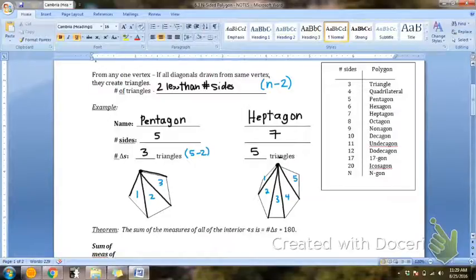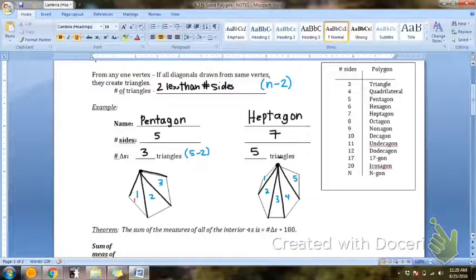Let's talk about this. If I'm in a pentagon and I want to know how much total are the inside of the angles, that's the sum. If I want to know the sum of all the angles on the inside of a pentagon, well, how many triangles do I have in a pentagon? 3. How much are the degrees in a triangle? This is not a trick question. We've done this for 6 weeks. How many are the angles in a triangle? 180.